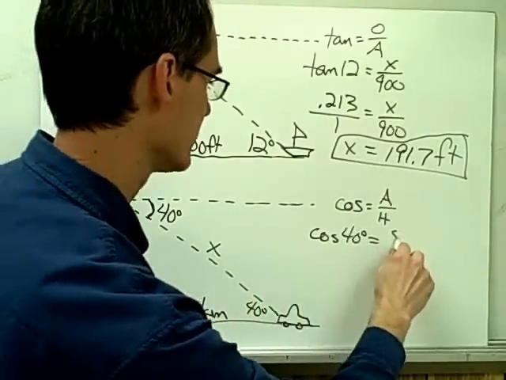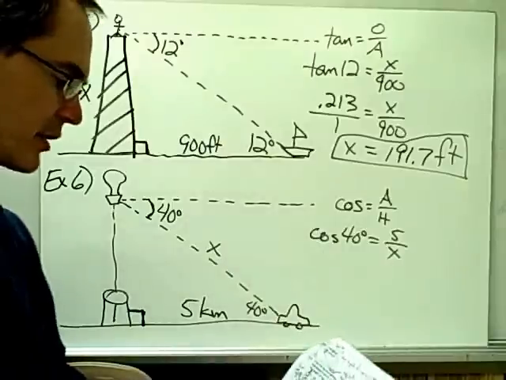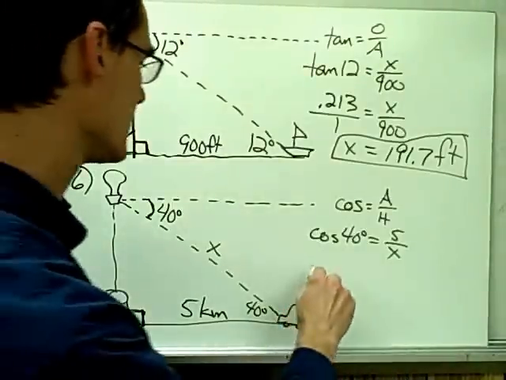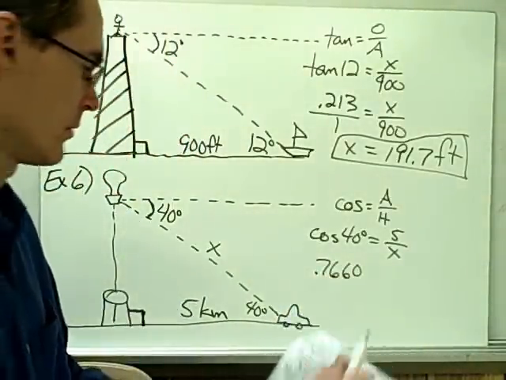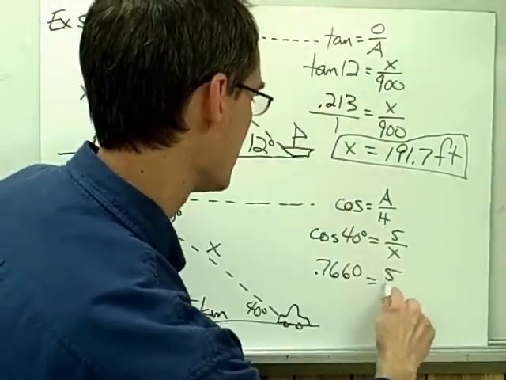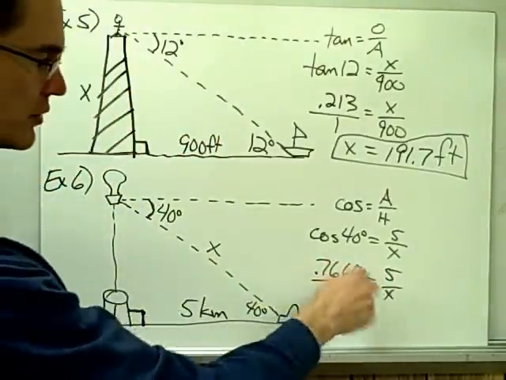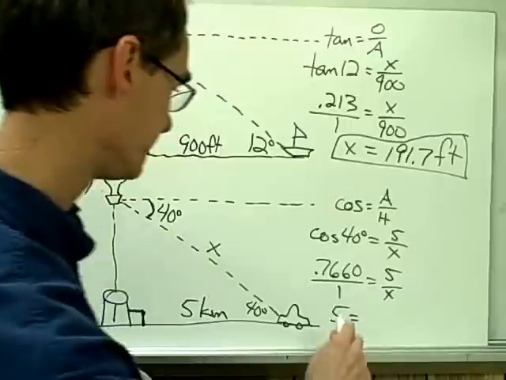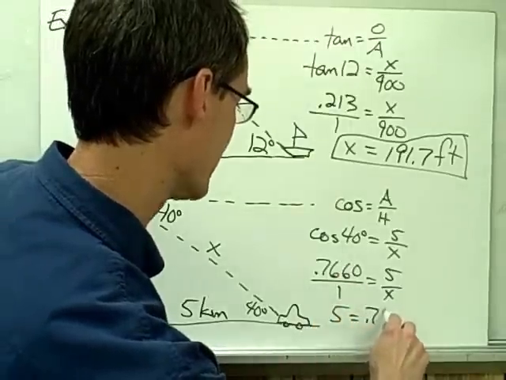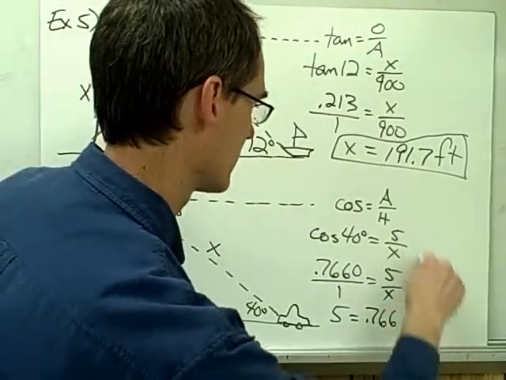Equals adjacent over hypotenuse. I find the cosine of 40 degrees, which is 0.7660. That equals 5 over x. I put this over 1. I'm going to solve this using a proportion. 1 times 5 is 5 equals 0.766 times x.